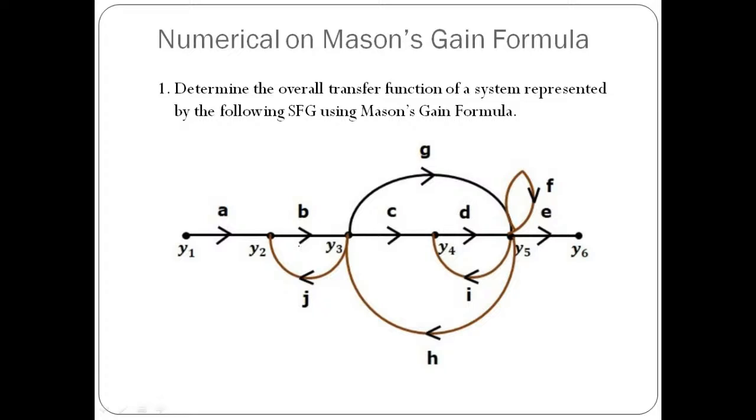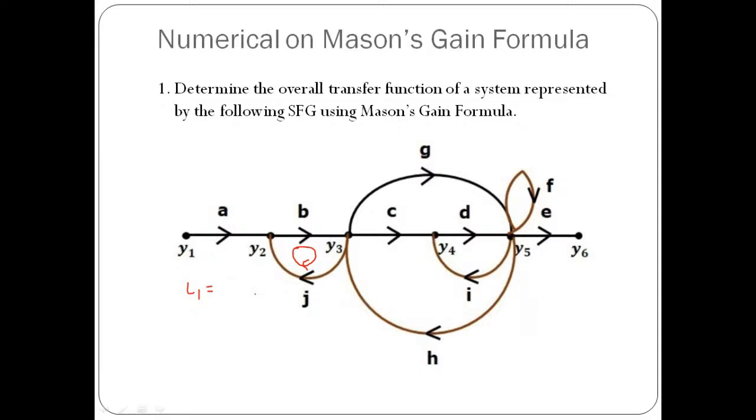So this will be your first loop, like this. What is a loop? We need to start at one node, then come back to the same node, and while traveling, if we encounter one more node, then it is called a non-self loop. So here this is your first loop. What will be the gain of that particular loop?